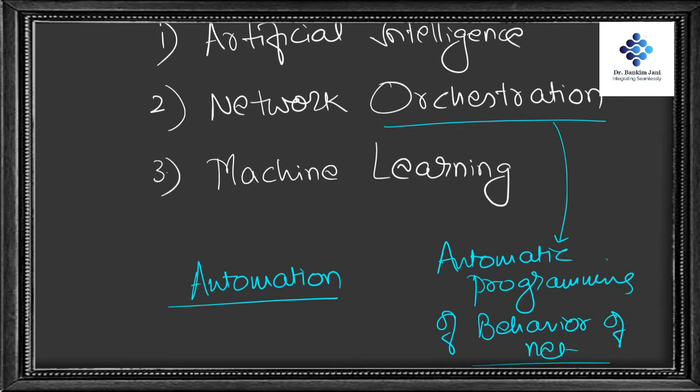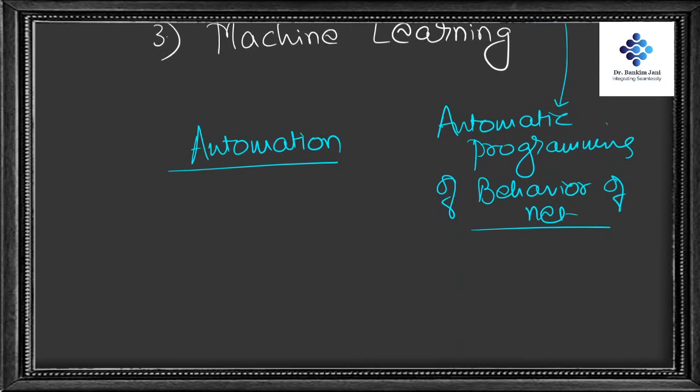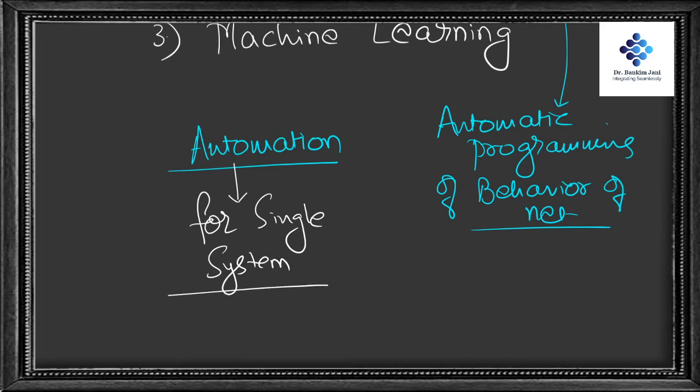But when we say is it simple automation, the core difference is this: when we talk about automation, it is for a single system. It is like a musician who is playing his own instrument. But when it comes to orchestration, it means you are handling many tasks together.